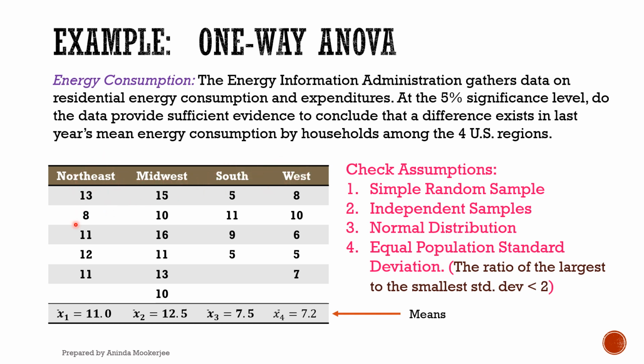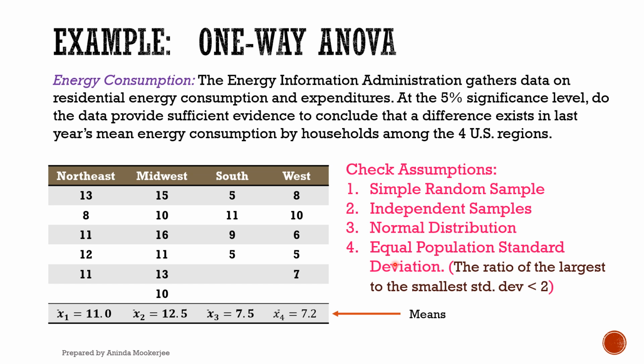These were the samples collected from each of these regions, and then we take the measurements by region, and now we are going to compare their means to see if their means are all equal to each other or some of them are different.